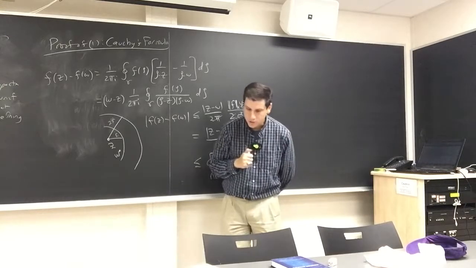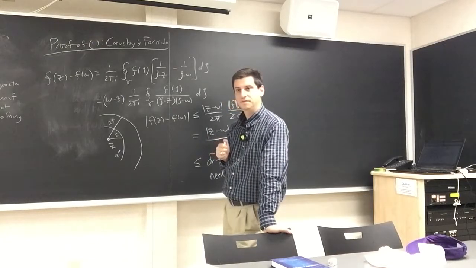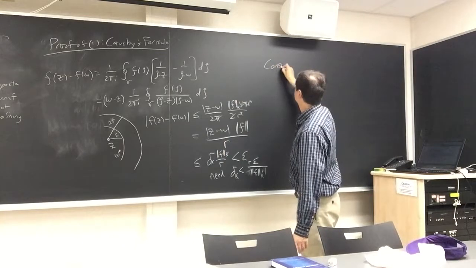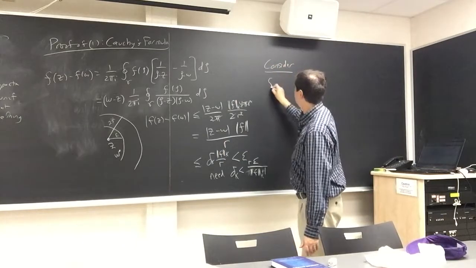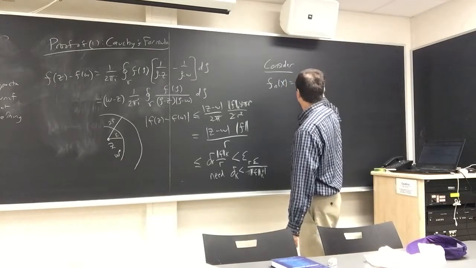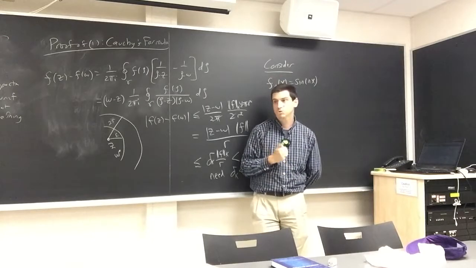Okay, any other questions on this part of Montel's theorem? So the book has a nice function to consider. They said, look at f_n of x equals sine nx. Looks like a nice function.